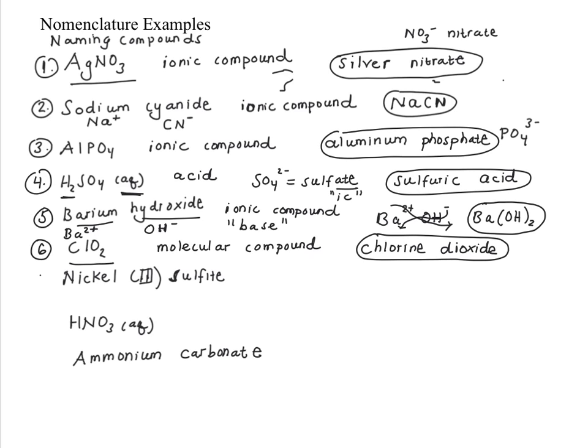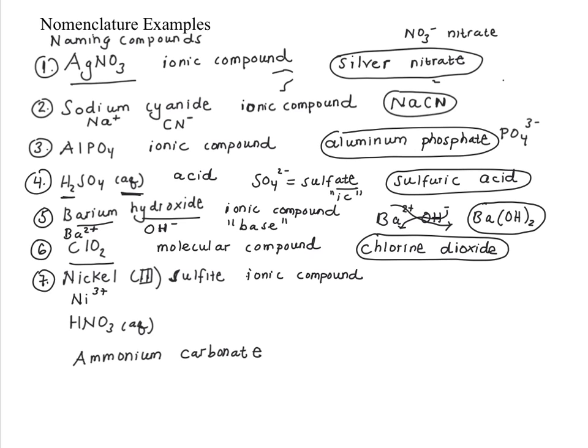Going on to our next problem, we have nickel(III) sulfite. Here we have a metal and also a nonmetal. So this is classified as an ionic compound. We're going to go ahead and first write our symbol for the metal, which is Ni. And we know that it has a +3 charge.